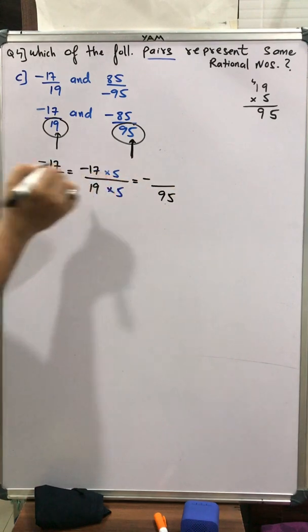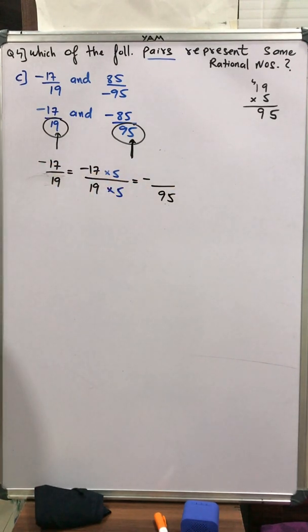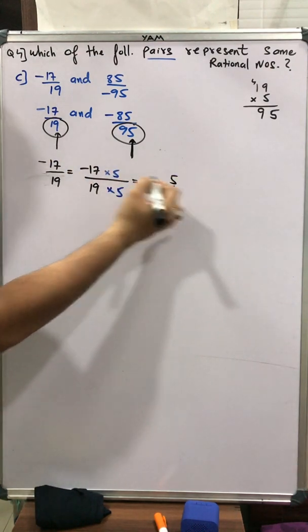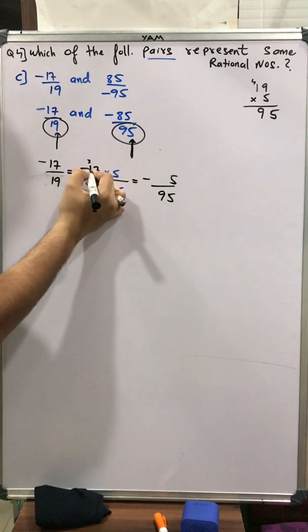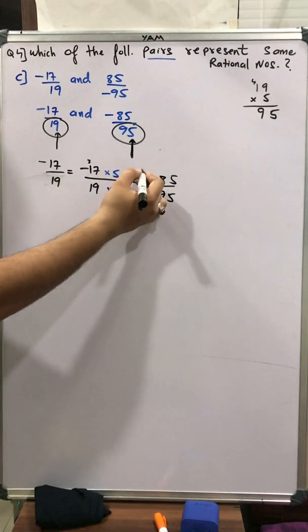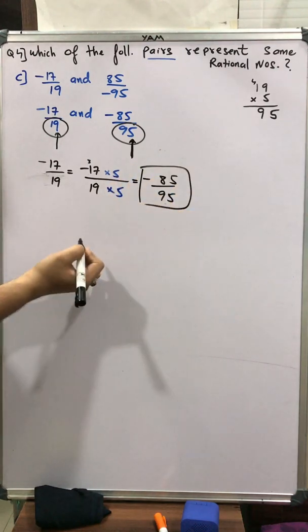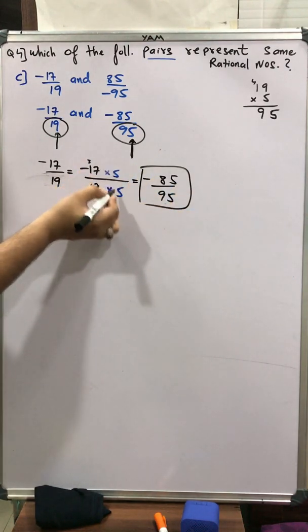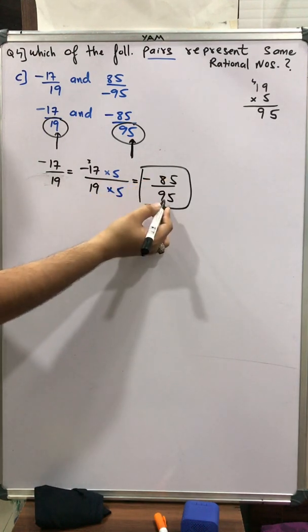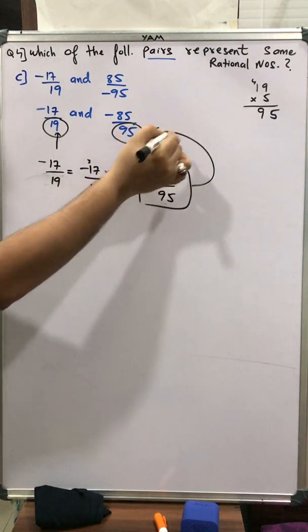Minus remains because in the numerator I have minus, and then I have to do 17 multiplied by 5. 5 sevens are 35, carry over 3, 5 ones are 5 plus 3, 8, minus 85 upon 95. So students, see, I just multiplied both numerator and denominator with 5, and what I got is minus 85 upon 95, and it's same as the second fraction.